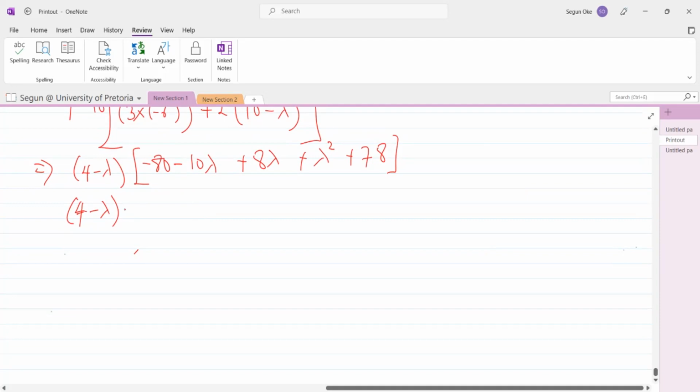So we have, in this case now, by the time you work on it very well, you have minus 2 lambda plus lambda squared.